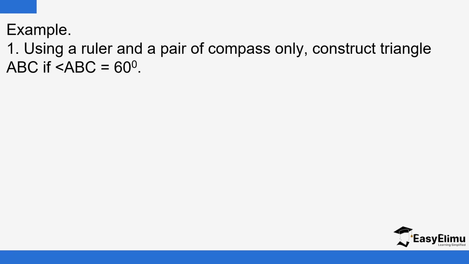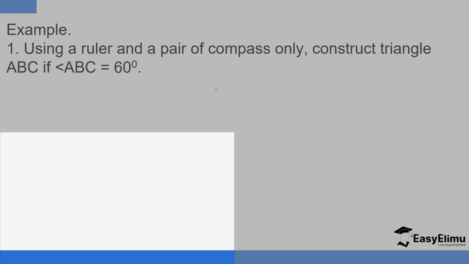So we have an example here. Using a ruler and a pair of compasses only, construct triangle PQR if angle ABC is 60 degrees. So we want to assume the dimensions.